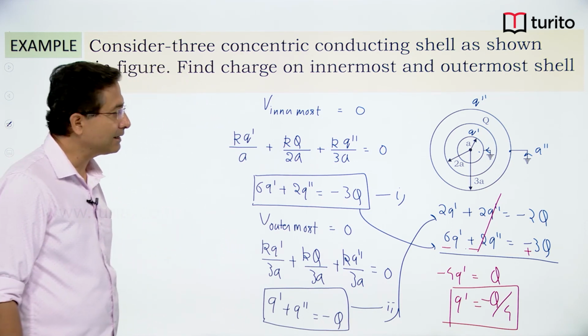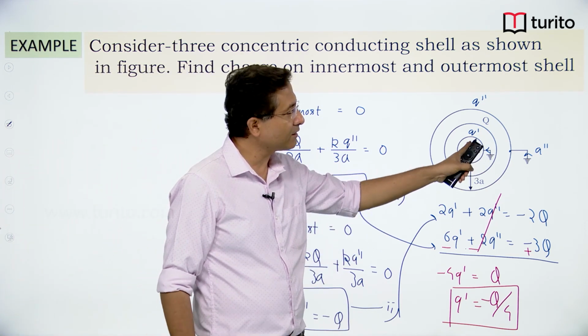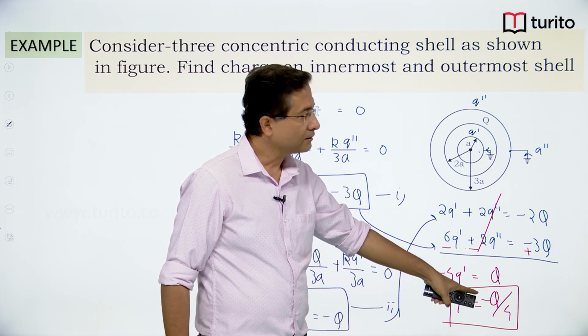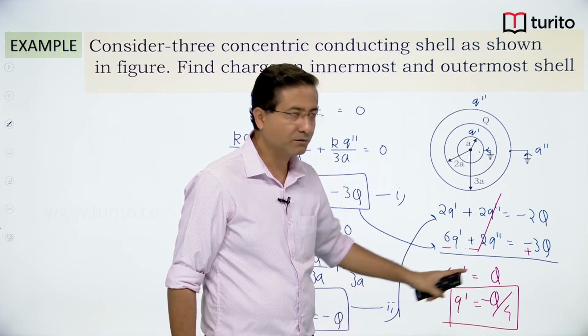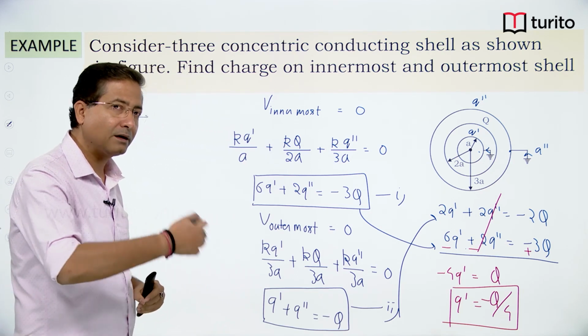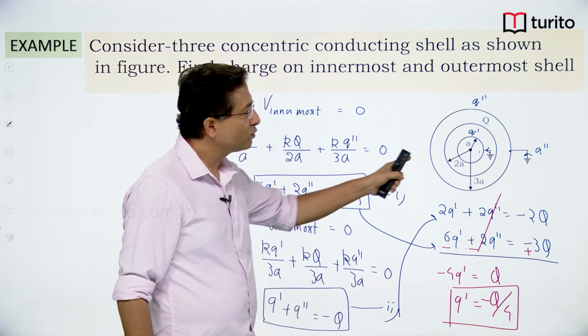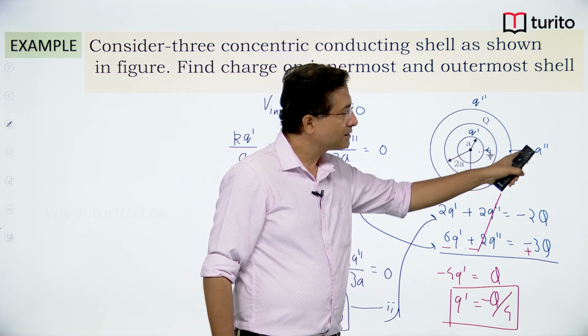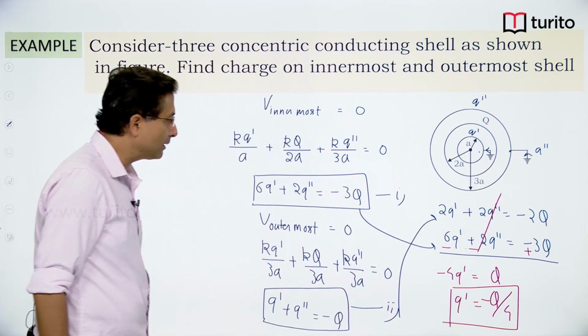Here the minus sign indicates that the direction of flow of charge is reverse of what we have taken. So capital Q by 4 will be given by the innermost to earth. Same way I can find out q''.